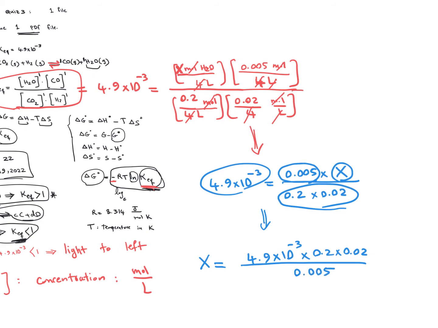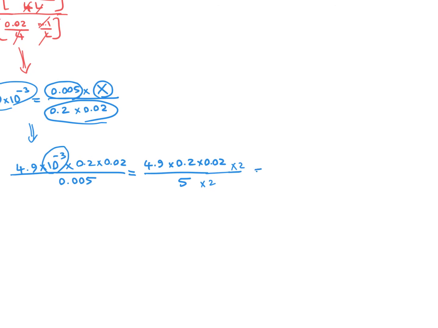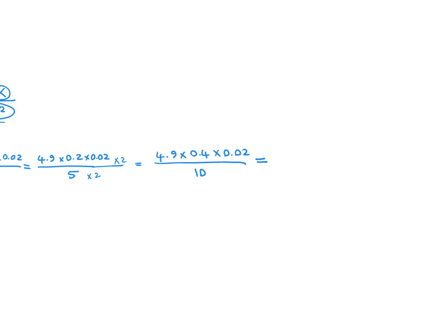You can put that in a calculator, or simply multiply numerator and denominator by 1000, so this cancels out. So it would be 5. And then you can multiply numerator and denominator by 2, so it would be 4.9 multiplied by 0.4 multiplied by 0.02 divided by 10. And maybe we can do this math in our head.